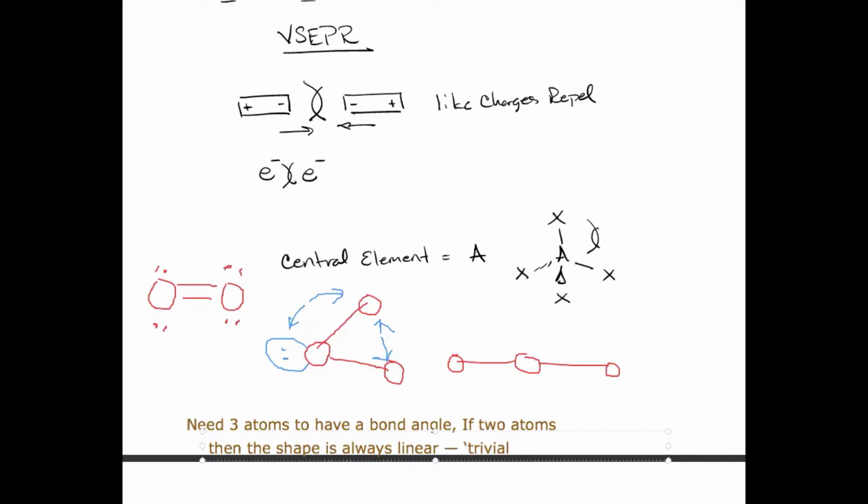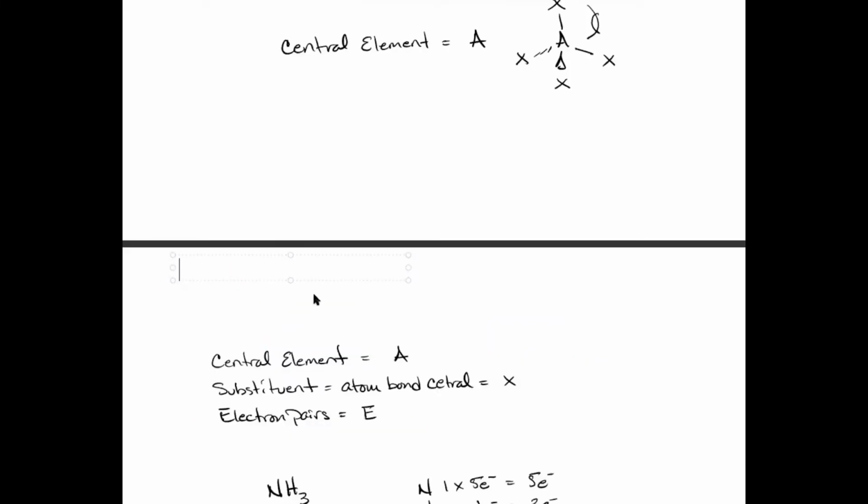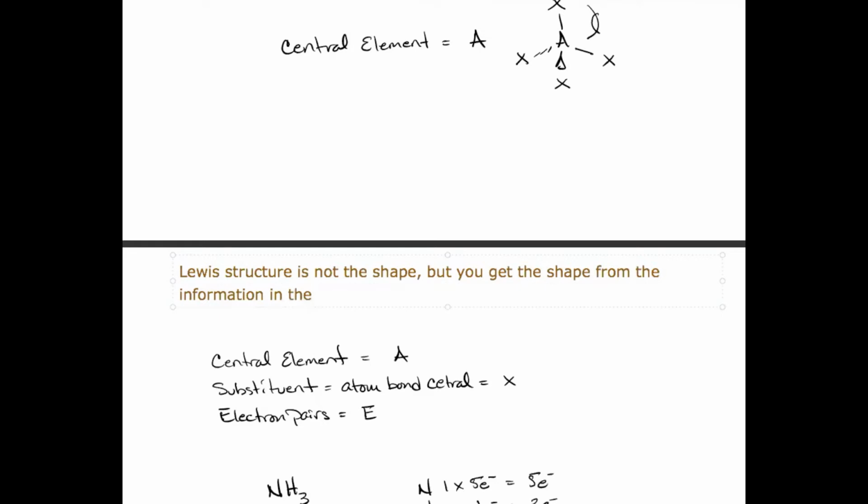There's no angles. Okay, so for this atom, this is technically an angle, or this one where it didn't fully fly apart, there's an angle there. But with this one, there's no angle. The point is that the Lewis structure is not the shape, but you get the shape from the information in the Lewis structure.